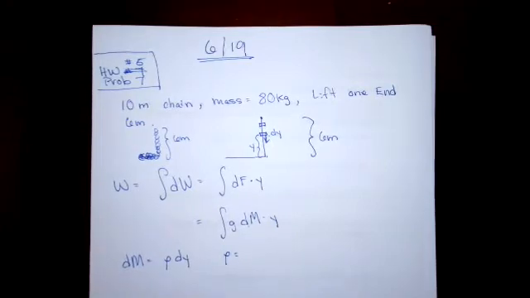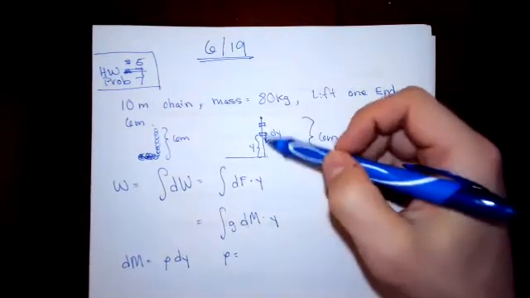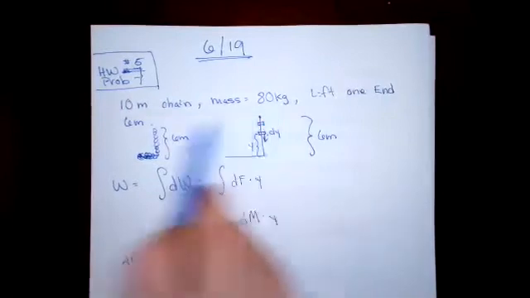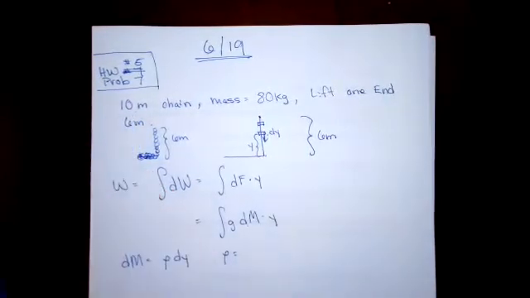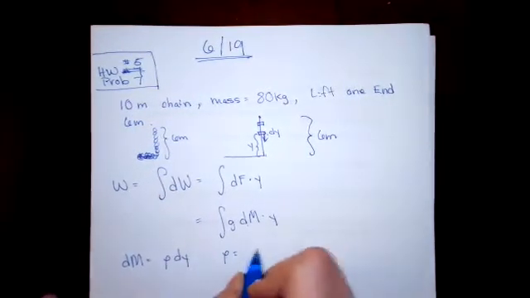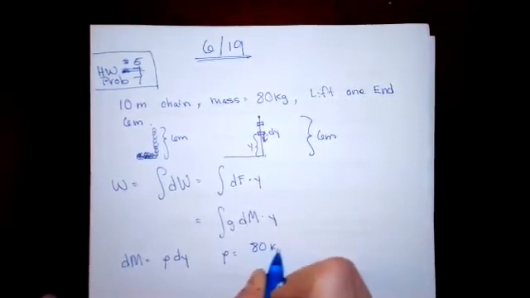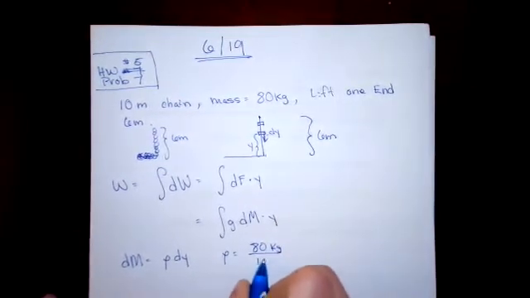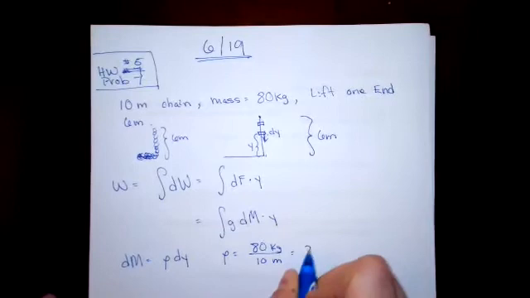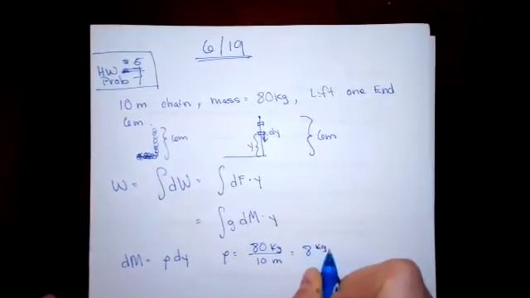So remember, density is mass per length, sometimes it's mass per area, mass per volume. Depends on how many dimensions our object is. So this is just a one-dimensional object, so it's going to be mass per length, and we consider it as uniform. So it's just going to be 80 kilograms per 10 meters. In other words, 8 kilograms per meter.